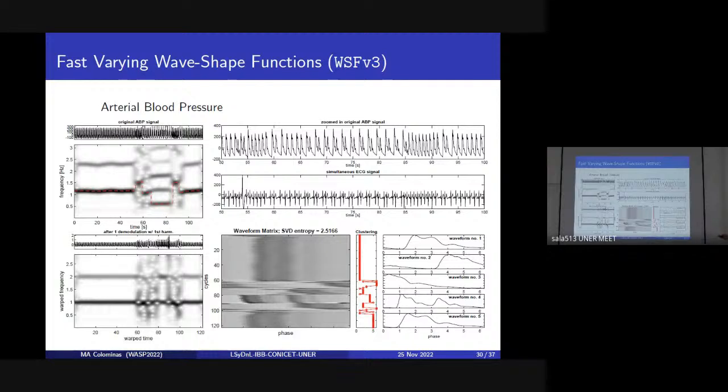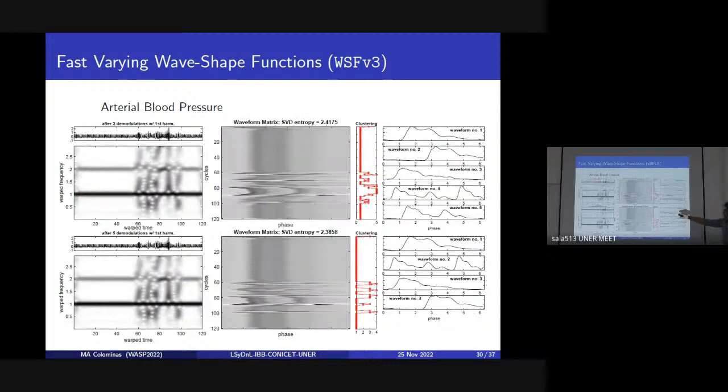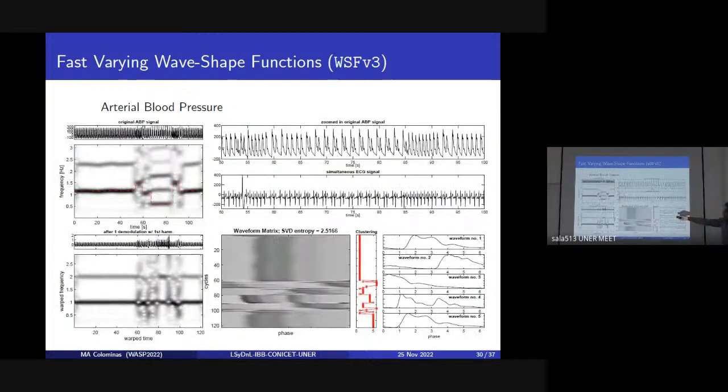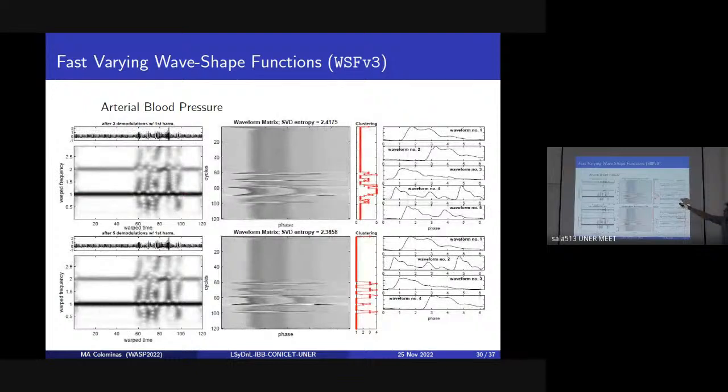You think, okay, the estimation of the phase was not good enough because the warping was not good enough, because this matrix is not good enough, because the SVD entropy can still decrease: 2.51, 2.41 after 3 demodulations.